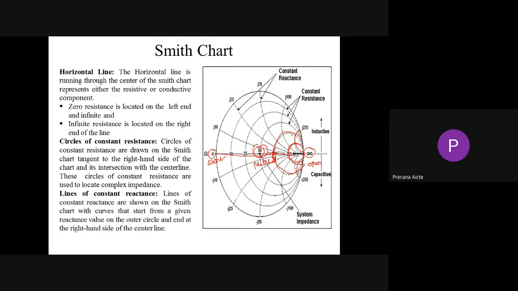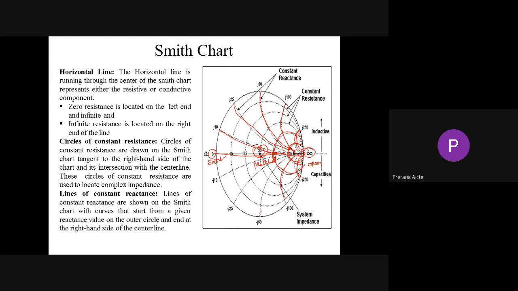And the lines of constant reactance. These are the constant reactance lines. From the top of the center line they indicate the inductive component, and the constant reactance lines at the bottom of the Smith chart represent the capacitive component.